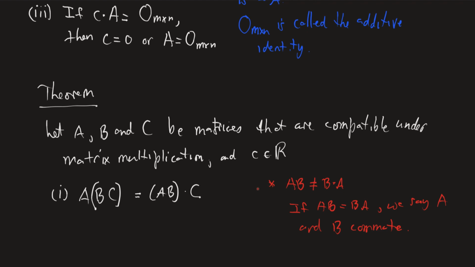The reason I want to mention this is I want to show you that many times when you're working with real numbers, not only can you change the grouping, but you can change the order of the factors. It doesn't make a difference. It makes a huge difference in matrices, which is why, in terms of the order that the letters are listed, it's still ABC, ABC, it's just how they're grouped.